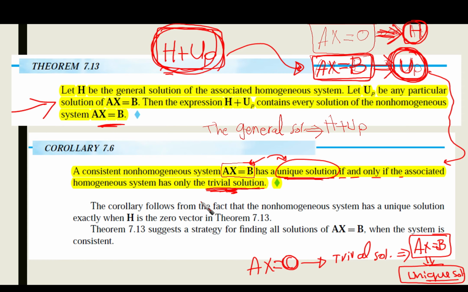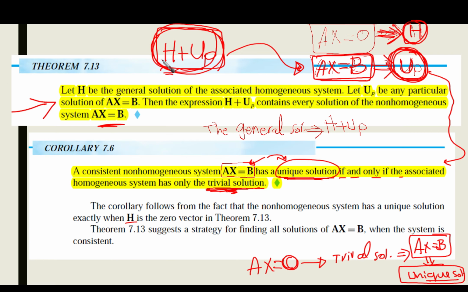Okay, now let's go to some examples. First, a comment from the textbook regarding this theorem. The corollary follows from the fact that the non-homogeneous system has a unique solution exactly when H is 0.